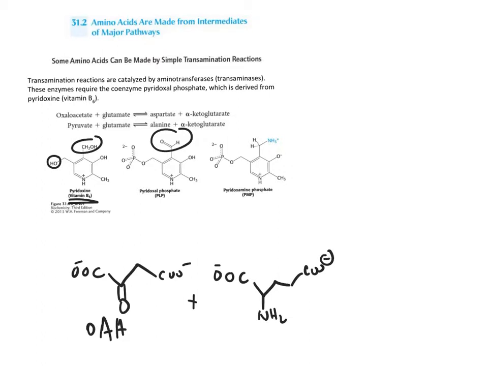What this PLP essentially does is it allows you to transfer this amine here and this ketone here, and essentially they're going to flip.